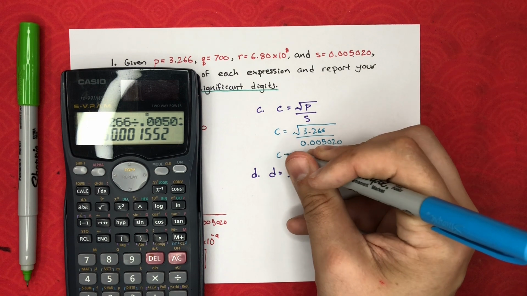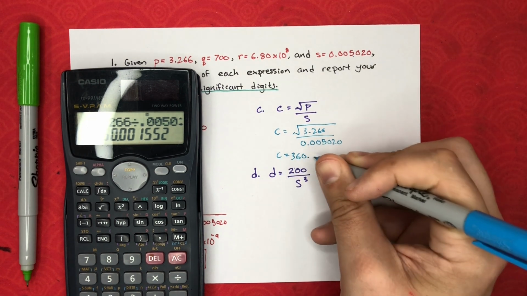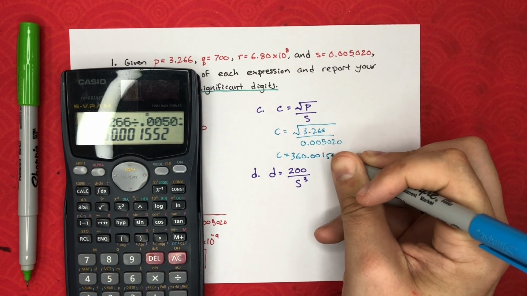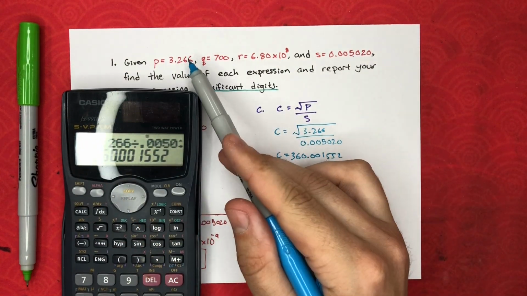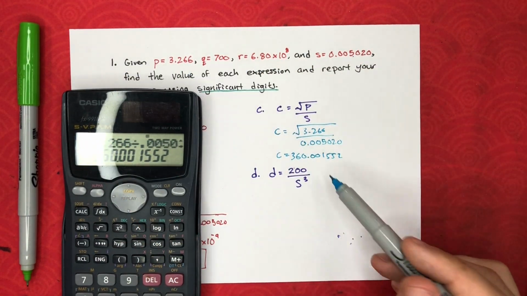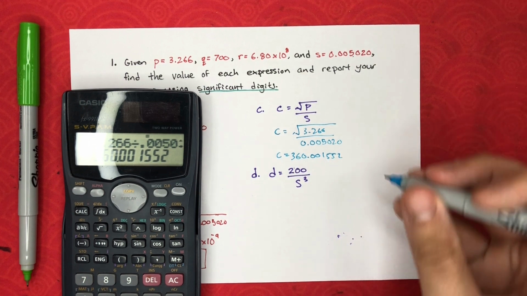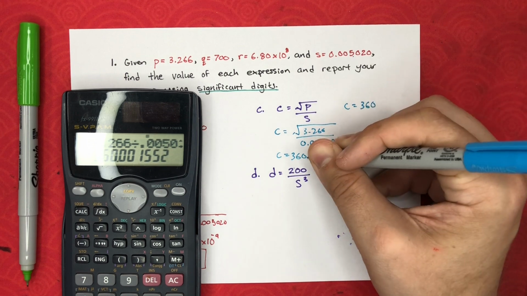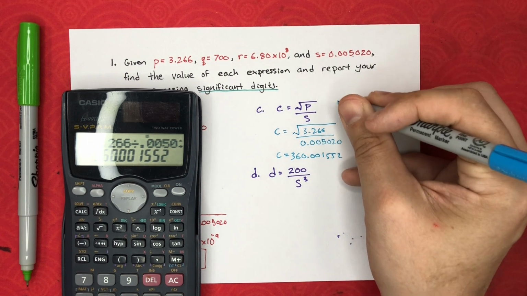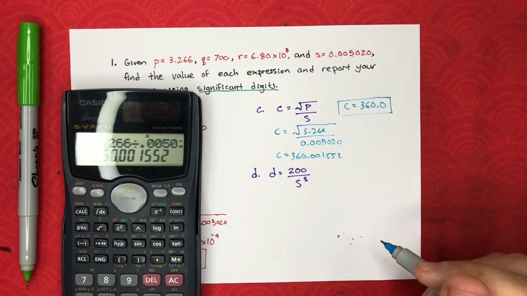And we're going to get an answer, C is equal to 360.001552. P has 4 significant figures, S has 4 significant figures, so our answer will have 4 significant figures as well. So C is going to equal 360.0. That's our final answer.